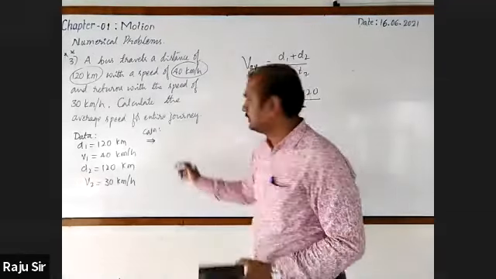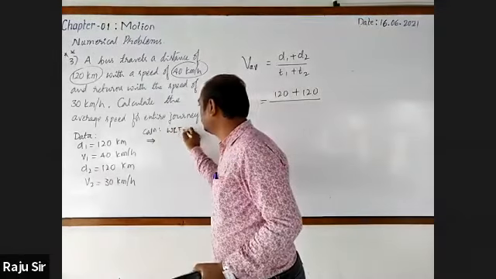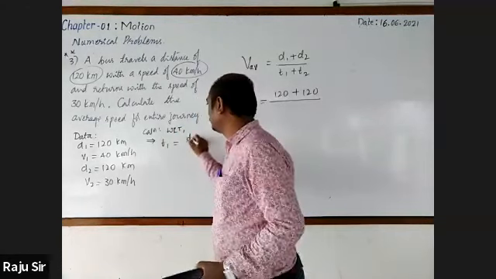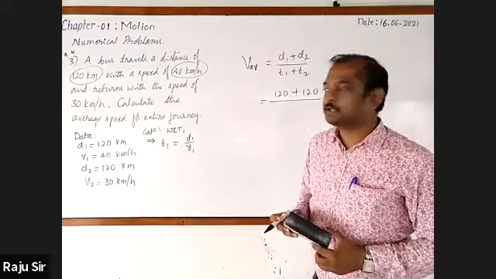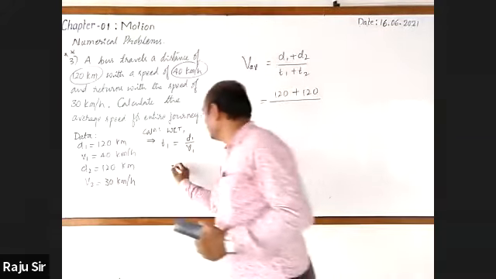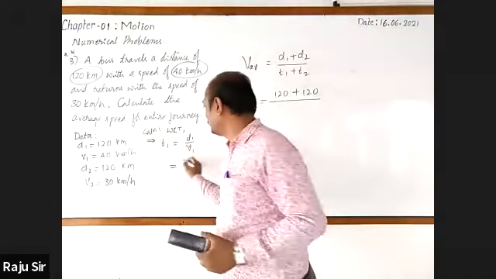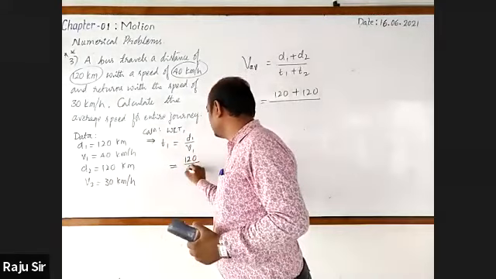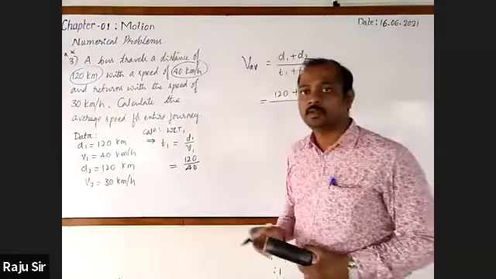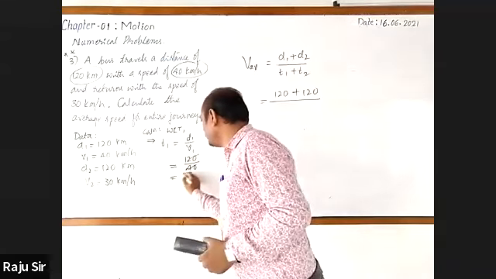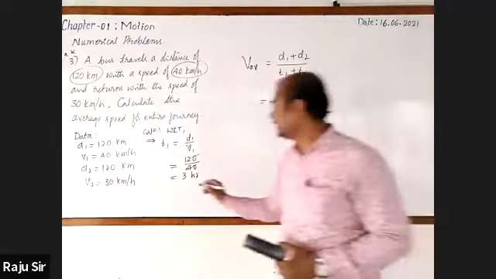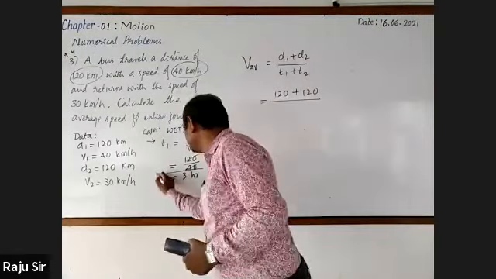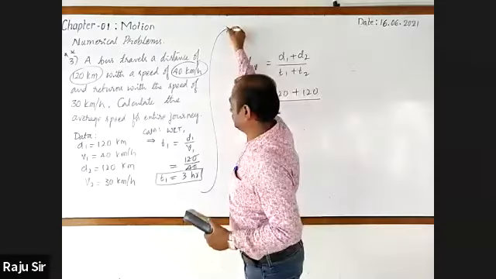In first case, T1 is equal to d1 by v1, where d1 is 120, v1 is 40. 4 ones are 4, 4 threes are 12. So T1 is 3 hours.